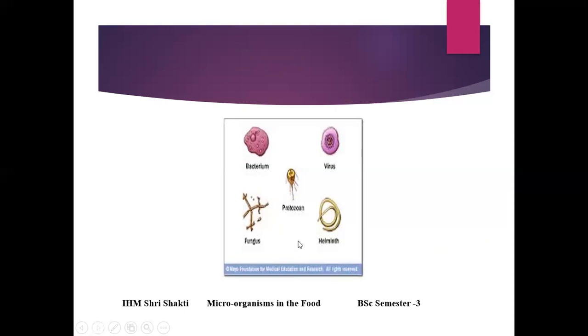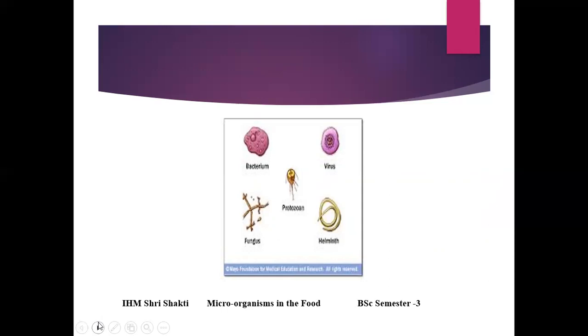Then protozoans and helminths, where helminths go from microscopic to macroscopic, starting from egg to larval stage to adult stage, whereas protozoans are more organized than helminths and enter the body through contaminated food and water and then develop inside the body of the human being.